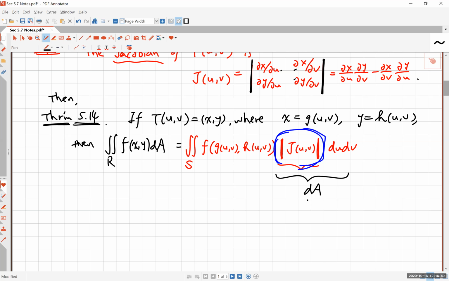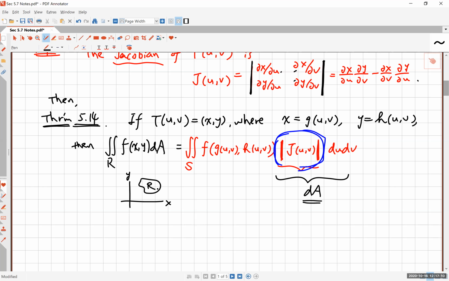All right. And just to add a little extra thing here, in the world of xy, you had this region R over which to integrate the function f. And what we are doing is trying to solve the same problem in the world of uv, where the region is somewhat nicer, and we call this S. We are integrating f over the region R belonging to the xy plane.